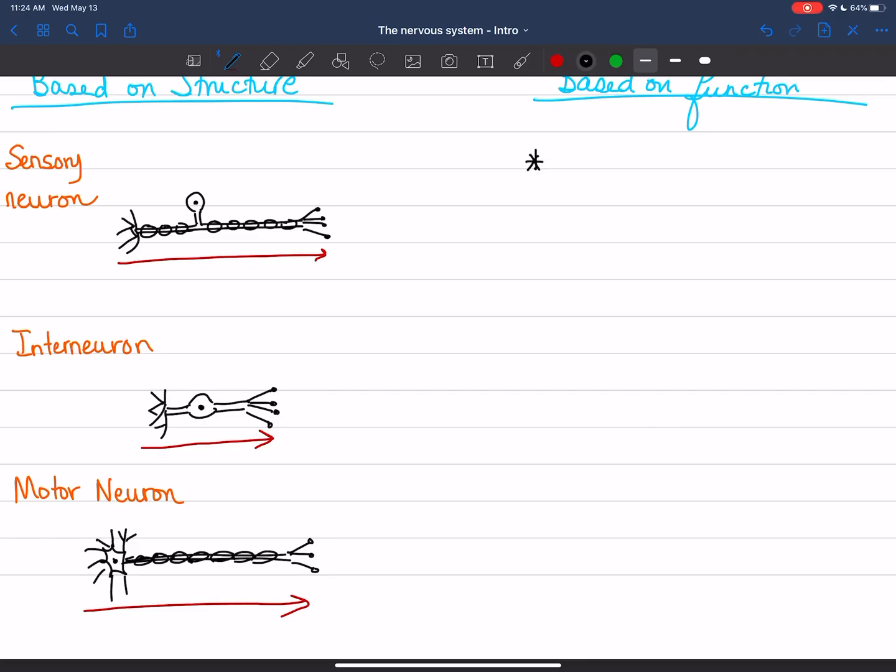When it comes to sensory neurons, as the word said, sensory, they pick up information from the senses. So they pick up info, or stimuli is the correct terminology, from the outside world or from the body, from the inside too.